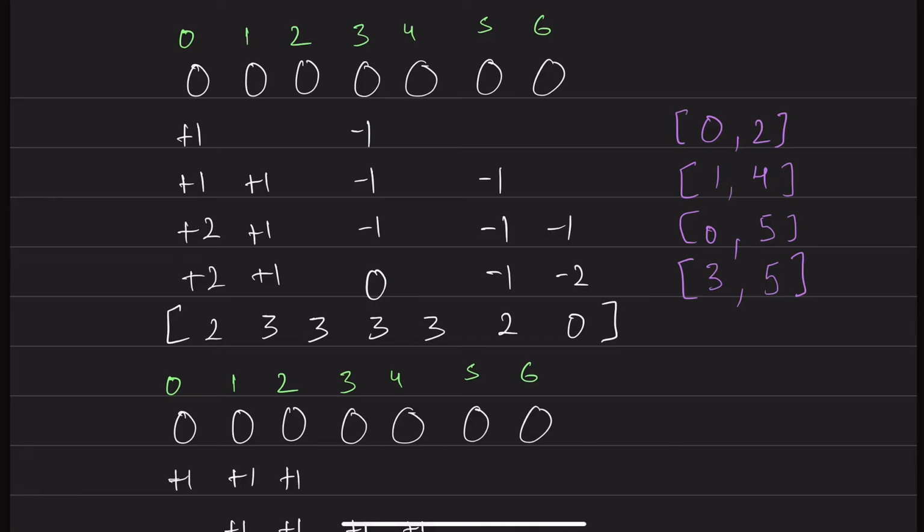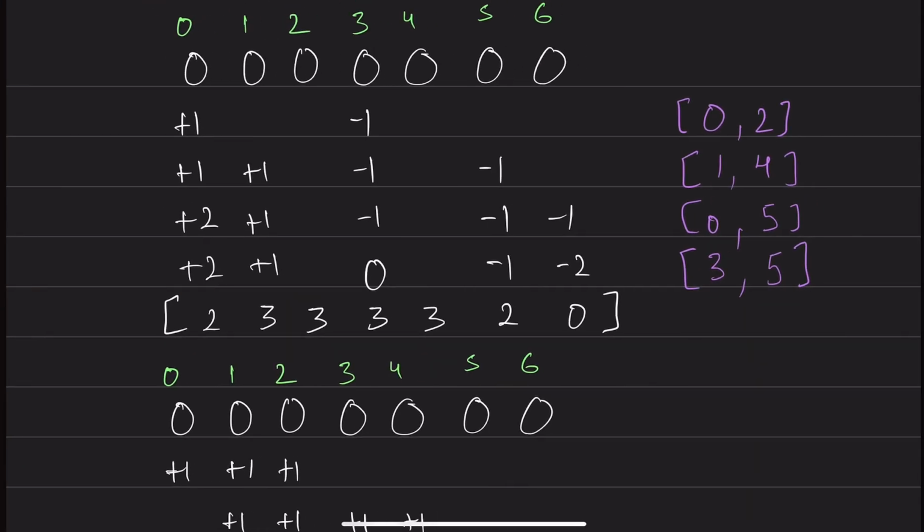So this works. Every time I need to increment a value in a range, let's see what happens when I take a prefix sum. What I'm saying is, from this 0 to this 2, I need to increment by 1.